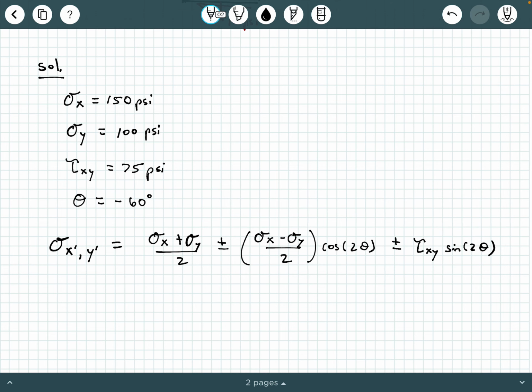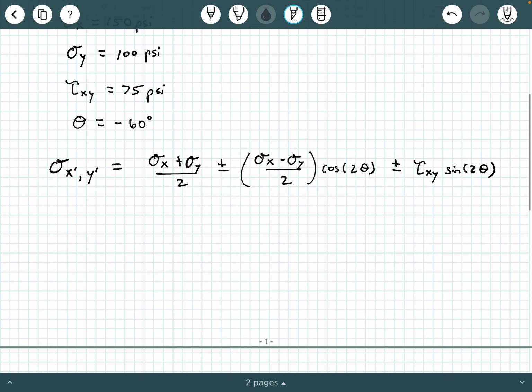And remember, this is two equations where sigma x prime represents the terms with positive signs, and when you have a comma in your subscript, that indicates a second equation, which is sigma y prime, indicating the negative terms. So let's substitute values in.